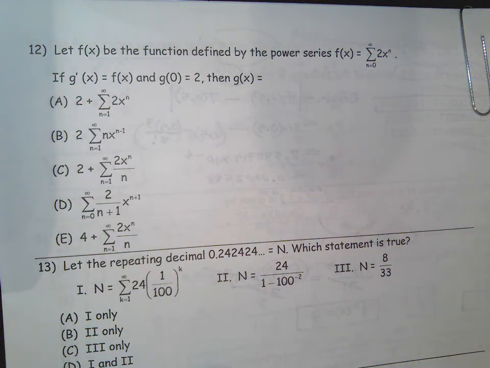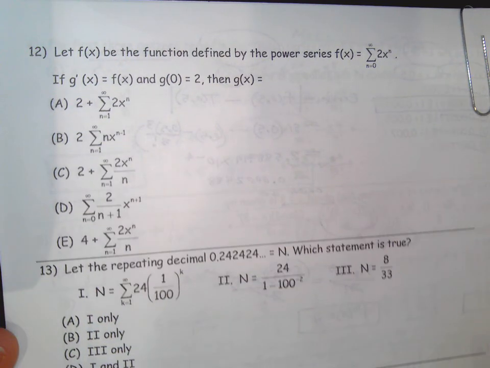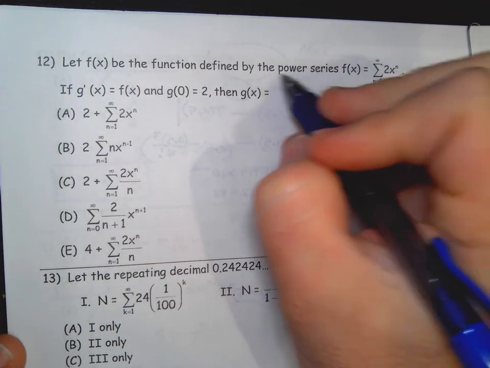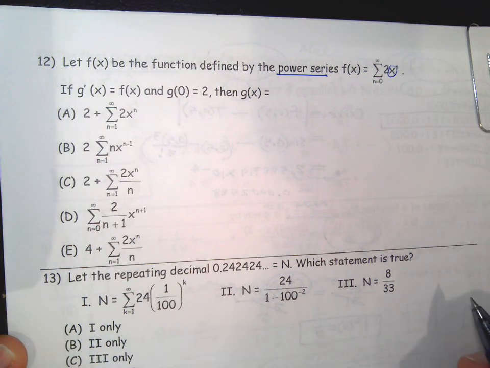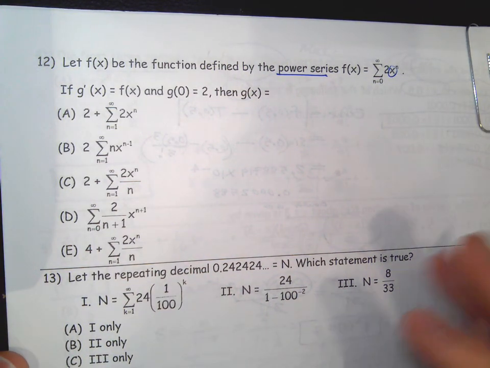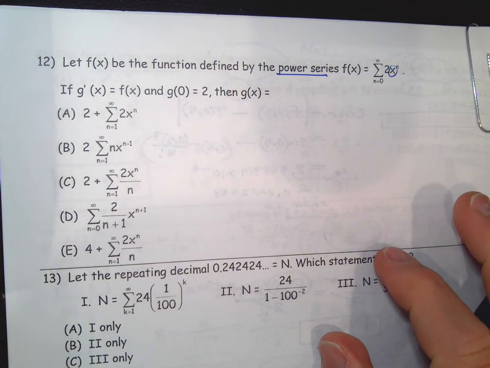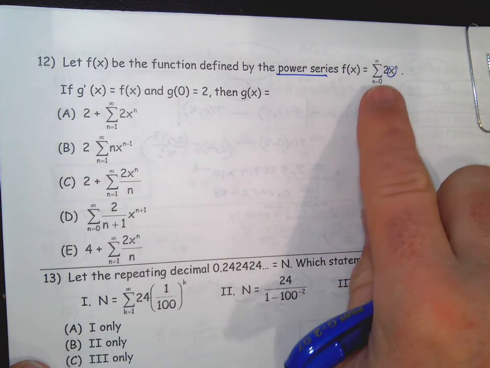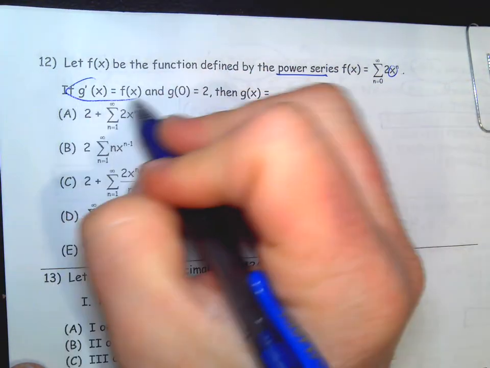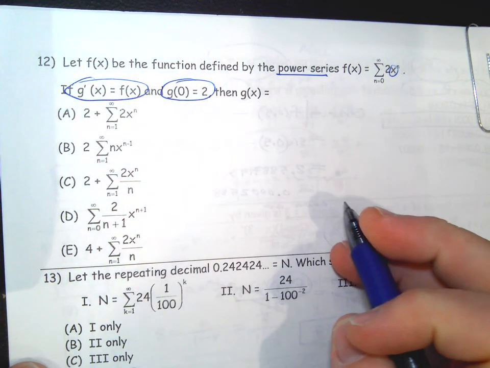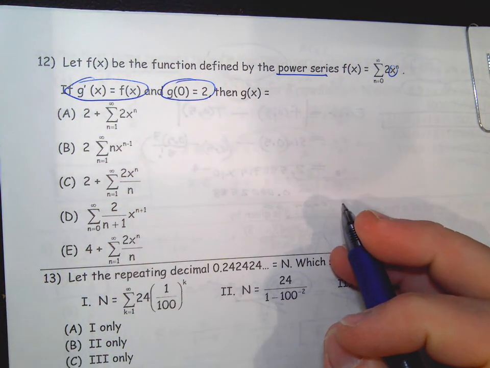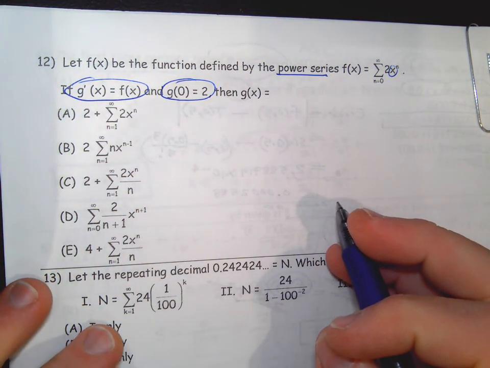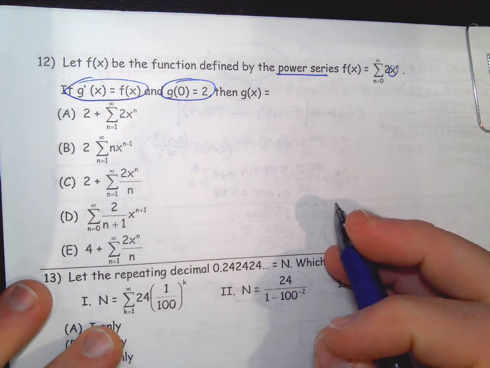So let f of x be the function defined by the power series. Okay, so it's a power series, it has x in it. That's what makes it a power series. If it doesn't have x, just has n's and stuff, that's a number series. So that's a power series. It says let g prime equal f of x and g of 0 equals 2. So then g of x would equal what?